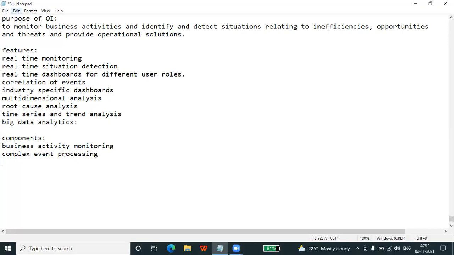Then business process management. Metadata framework to model and link events to the sources. Multi-channel publishing and notification.